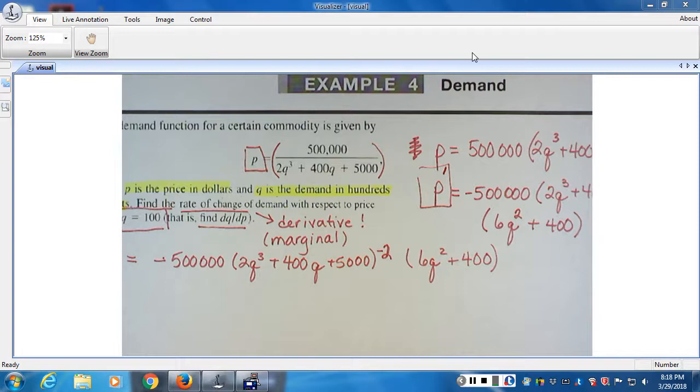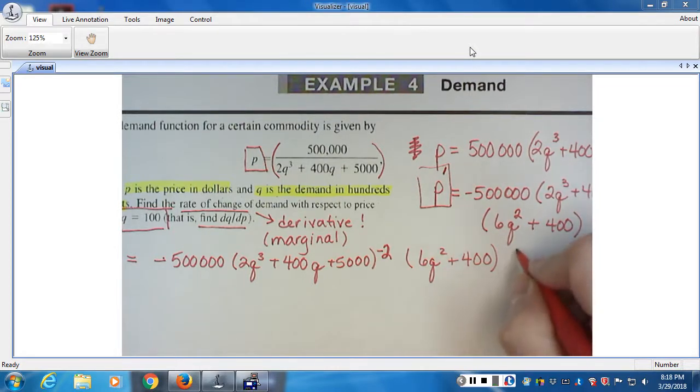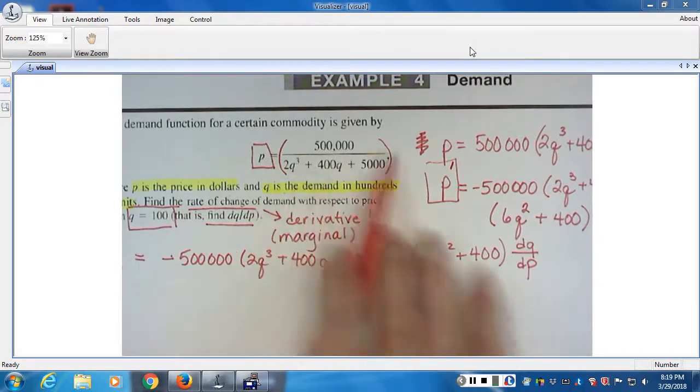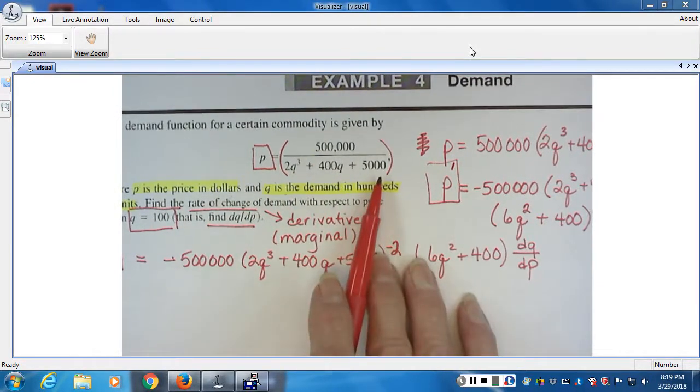Okay, I think it's good now. And this is actually where the dq dp is over here. Because remember, this is an expression for P, so we're having to take the derivative of the Q part of this.